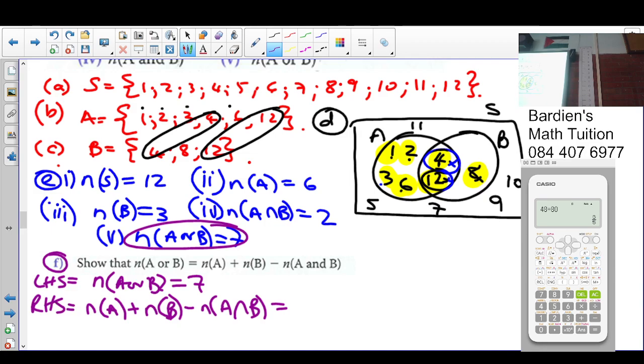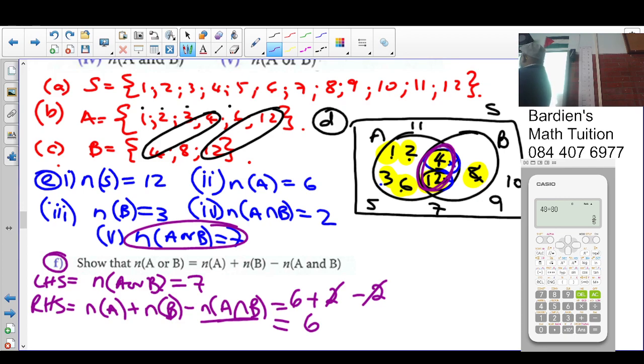So the number in A is 6. The number of B is 2 minus the number of A and B, which is the overlap here, which is 2. And what is 6 plus 2? 8 minus 2 is 6.